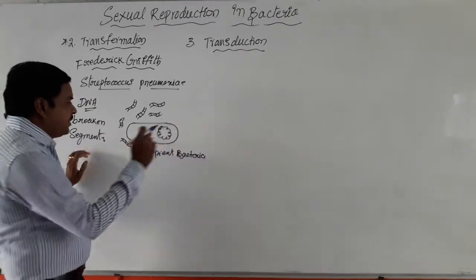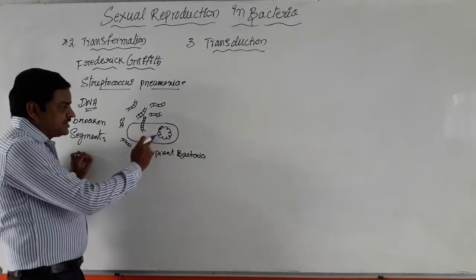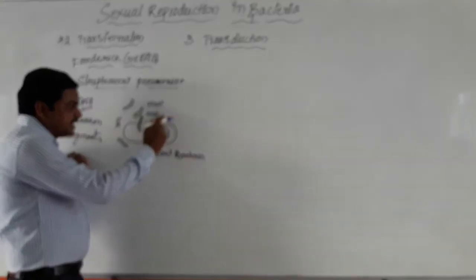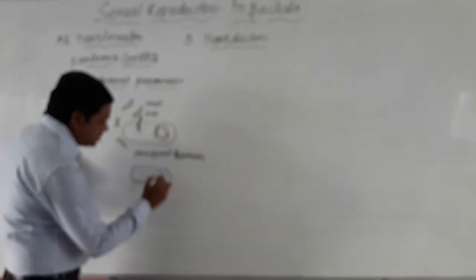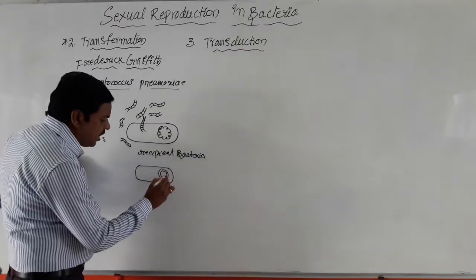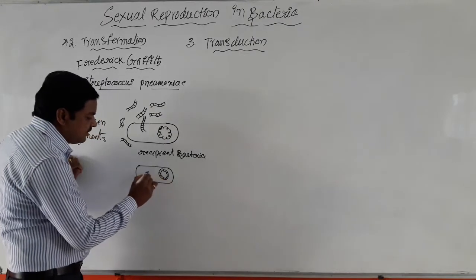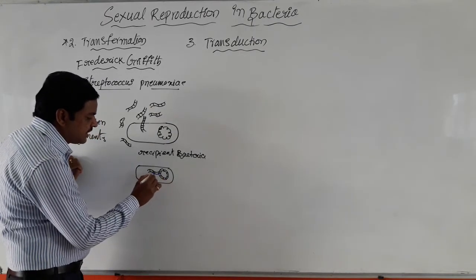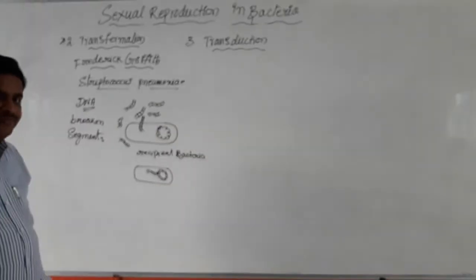At the same time, this is the recipient bacteria. Now it takes up the segments of DNA from the surroundings. Some bacterial cells take up the segments of DNA present in their surroundings and incorporate these segments into the recipient chromosome.